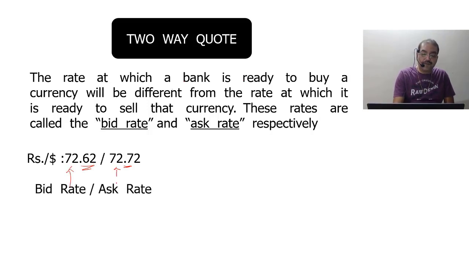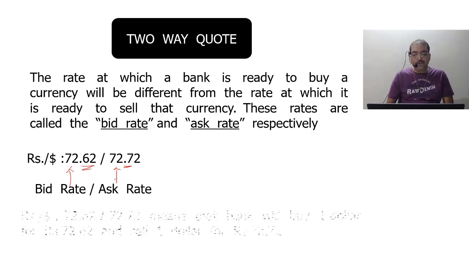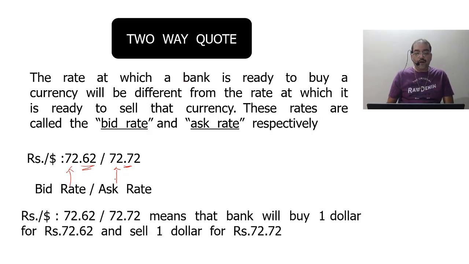This is higher, so this is the ask rate. So rupees to dollar 72.62 by 72.72 means that the bank will buy $1, not a customer, for 72.62. The bank will sell $1 for 72.72.